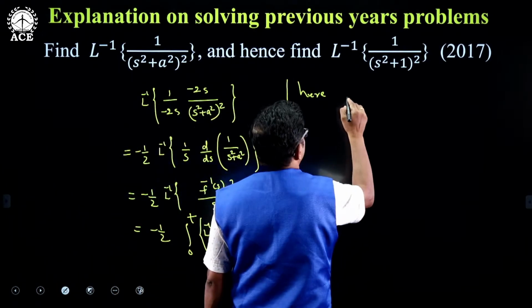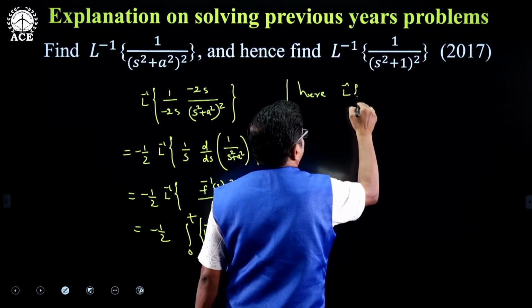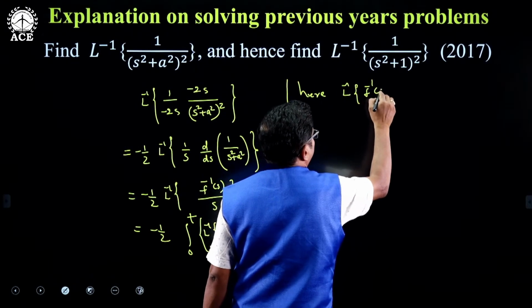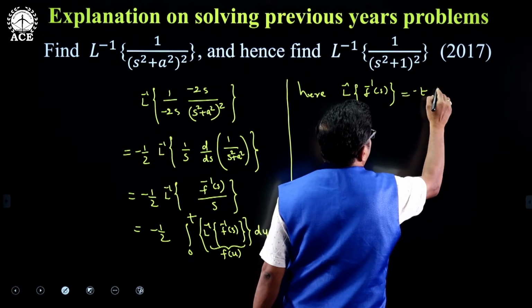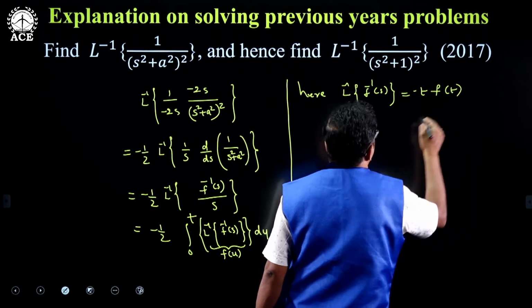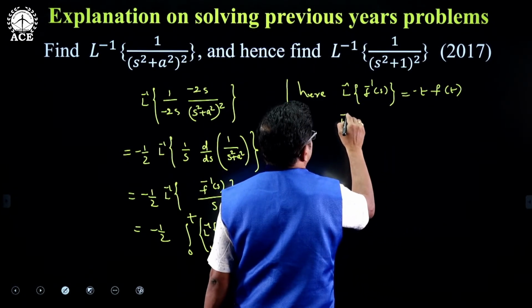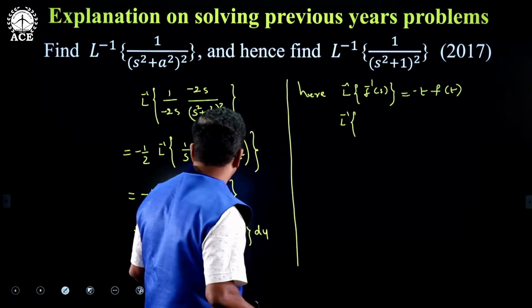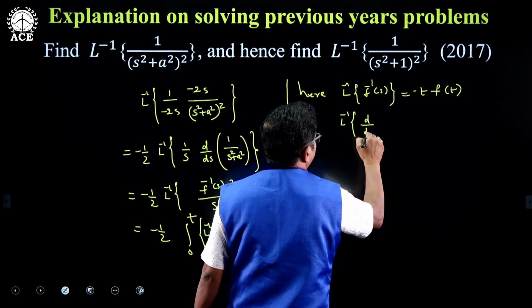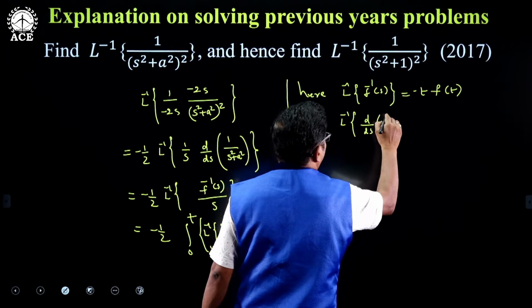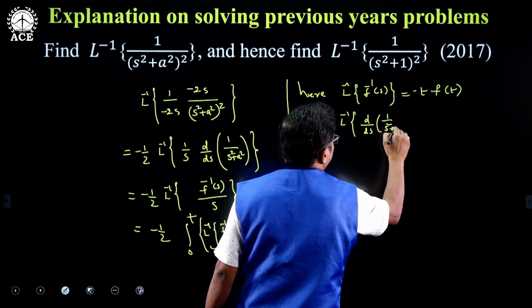Here, L inverse of f bar dash of s equals minus t into f of t. What is f bar dash of s here? It is d by ds of 1 by s square plus a square.